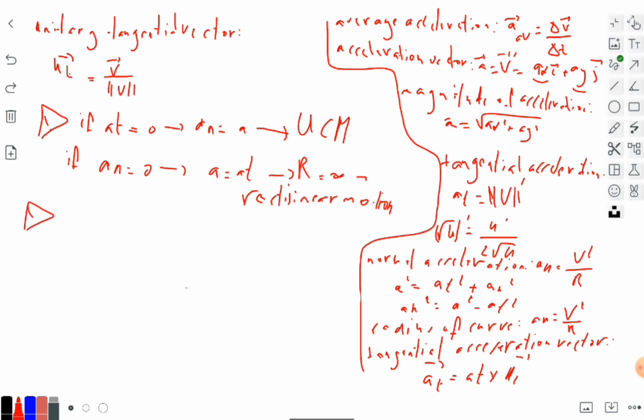Note that the derivative of sin u is u prime cosine u, and the derivative of cosine u is minus u prime sine u.